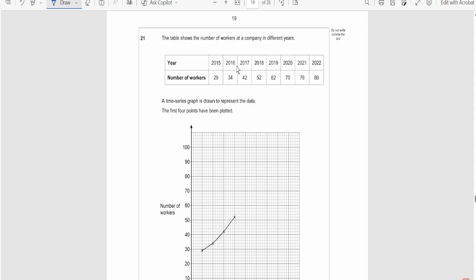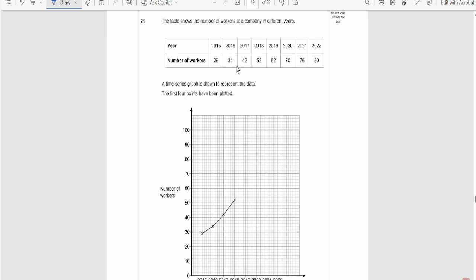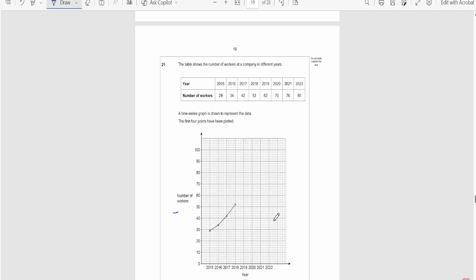Next question. So the years are given and the number of workers are given, right? A graph is given on which on the y axis you have the number of workers, here you have the year, right? Different values are given, and what it is asking, let's see.